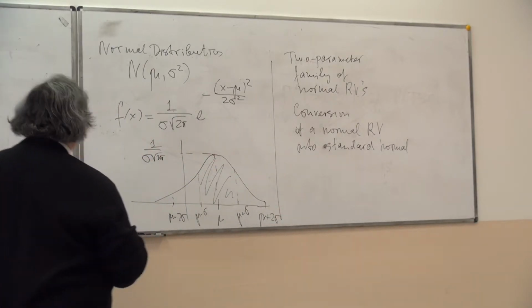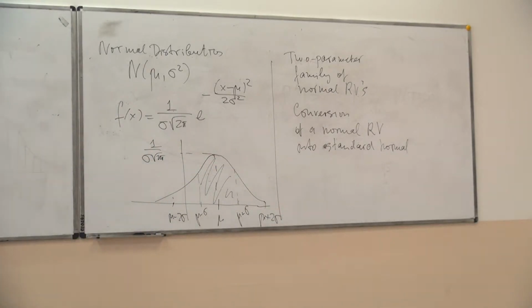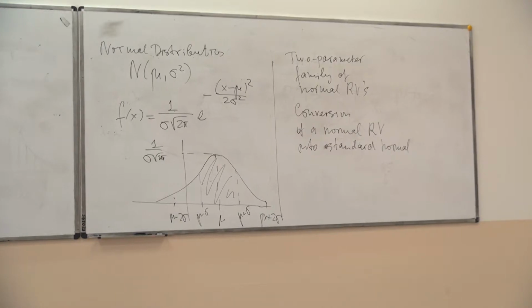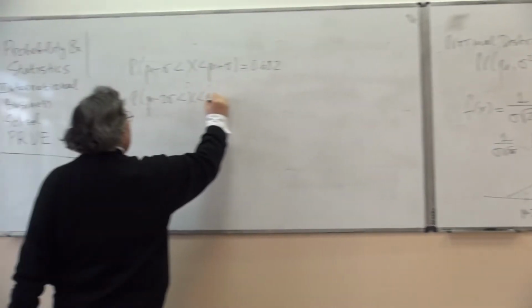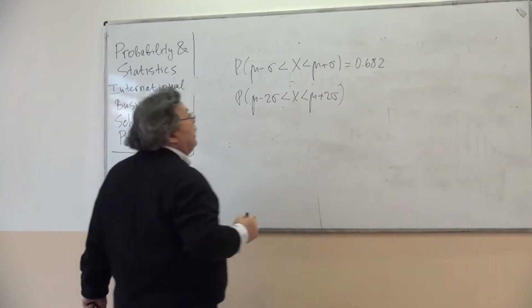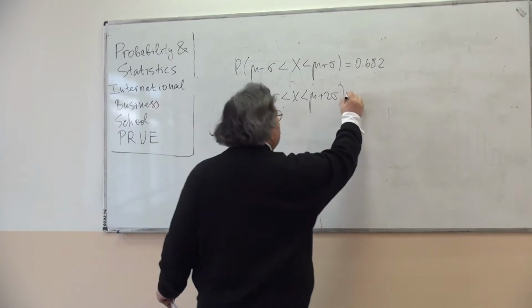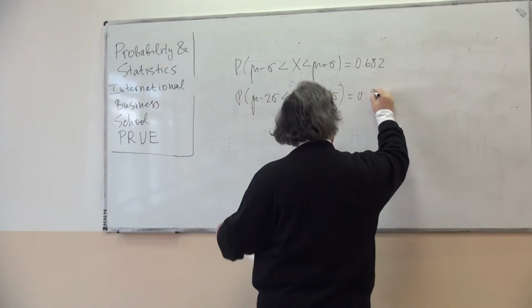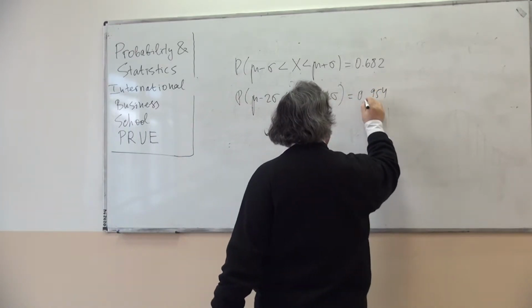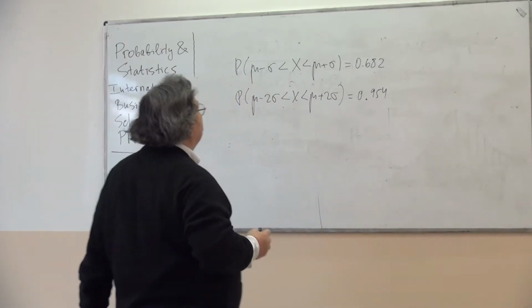Okay. Also, we can look at a larger interval, mu minus 2 sigma here and mu plus 2 sigma here. And again, the probability that x gets within this larger interval is equal to, okay, 0.9554.